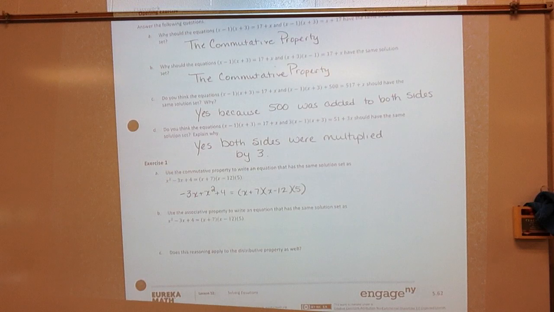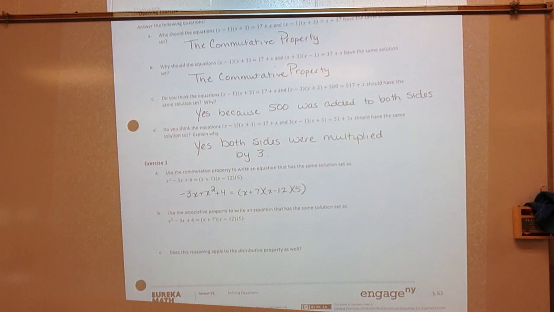Use the associative property to write an equation that has the same solution set as x² − 3x + 4 = (x + 7)(x − 12) · 5. Guys, associative property is a matter of just what are you putting together first.